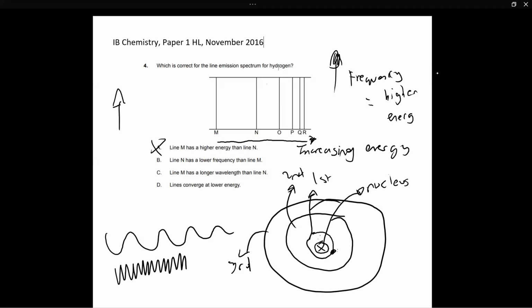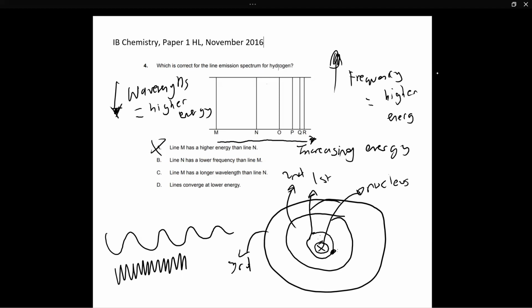Likewise, smaller wavelengths is equal to higher energy. That's all you have to remember. Higher frequency means higher energy. Smaller wavelengths means higher energy.